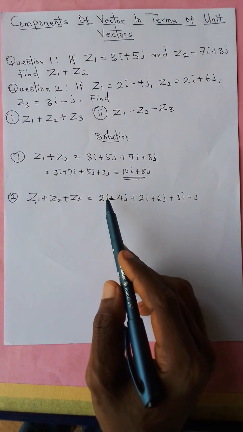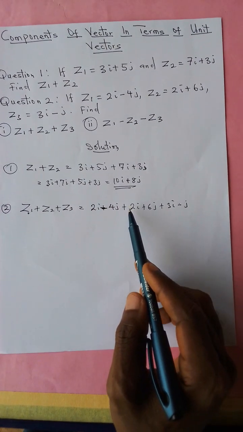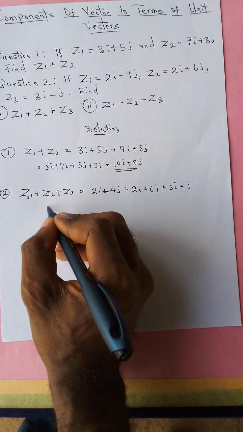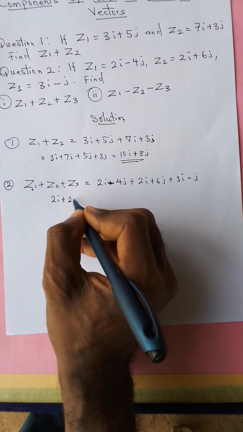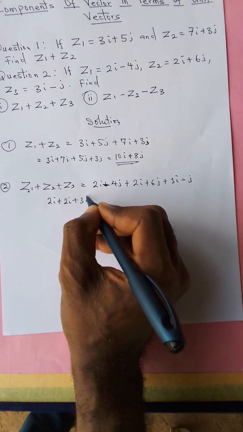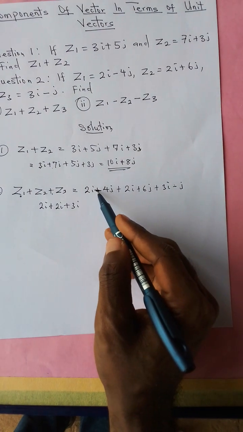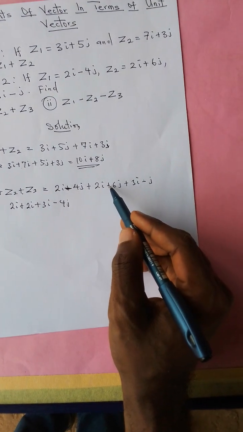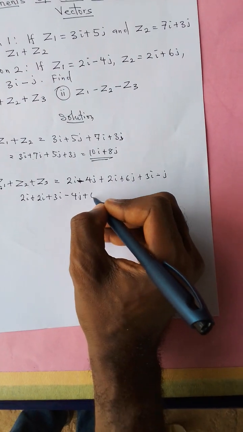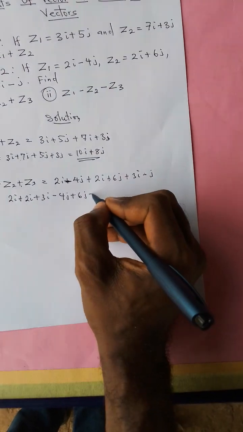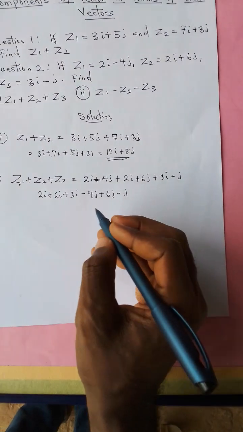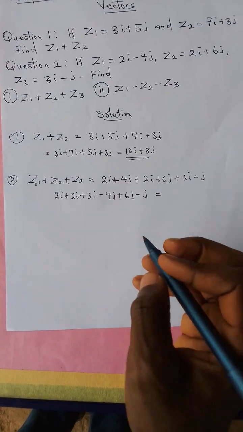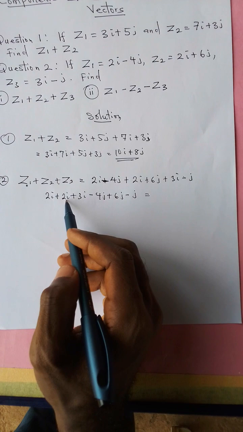So here we have 2i, here we have plus 2i, here we have plus 3i. So we are going to bring the 2i plus 2i plus 3i together. Then here we have negative 4j. Then bring in this plus 6j minus j.